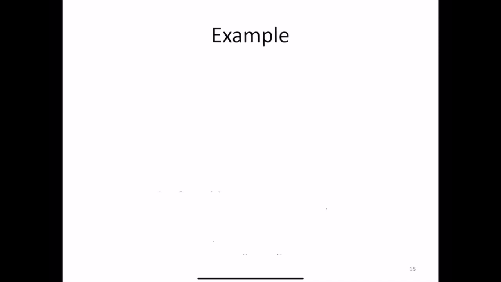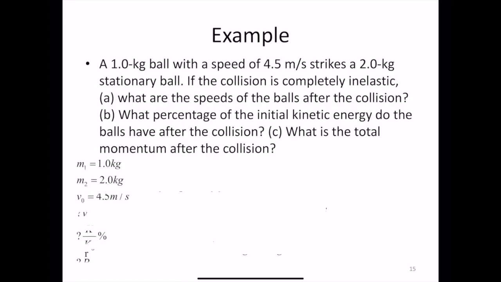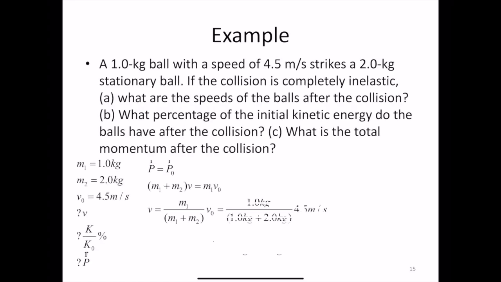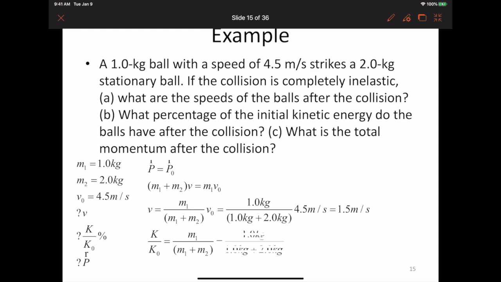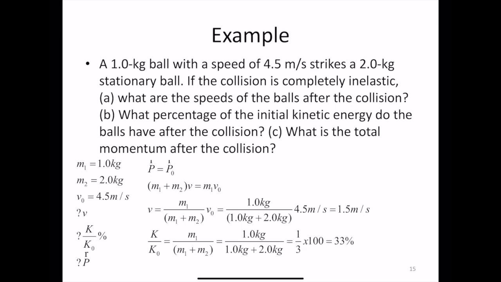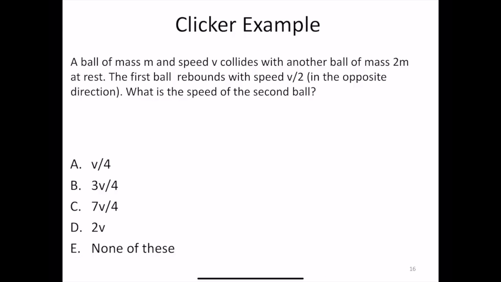Okay, so what we're going to do next is we will just look at a few examples of problems on collisions. I have one fully worked out example over here. You can just do this on your own. I usually have the class work through this example as a top hat example.